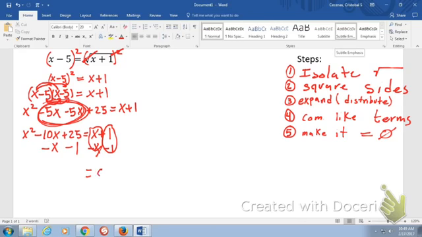So we have 0 on one side, and then on the other side we have x squared minus 11x. When we combine these two, they're both negative, so we get 11x plus 24.